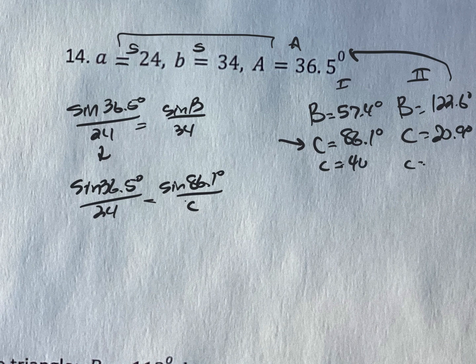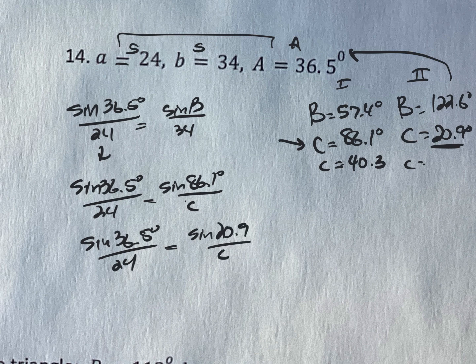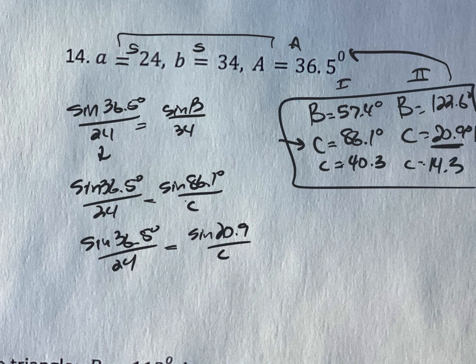I'm getting 40.3. Now I'm gonna do the same thing for this one. Still using sine 36.5 over 24 again. This time though, I'm using sine 20.9 over little c, because that's the big C that goes with that little c. So 24 times sine 20.9 divided by sine 36.5. I'm getting 14.3. So two cases, and you gotta find both cases.